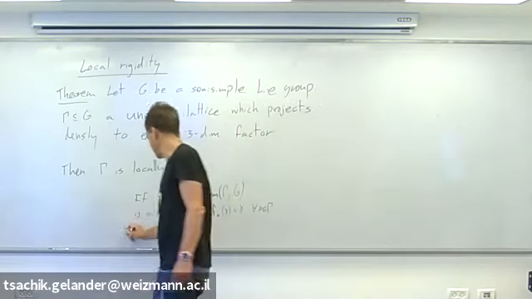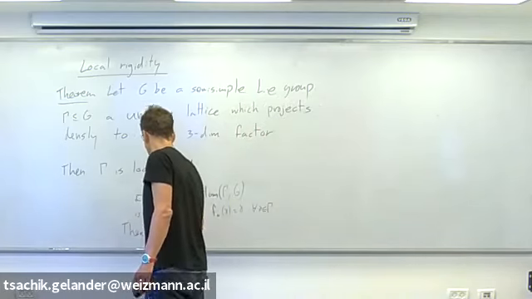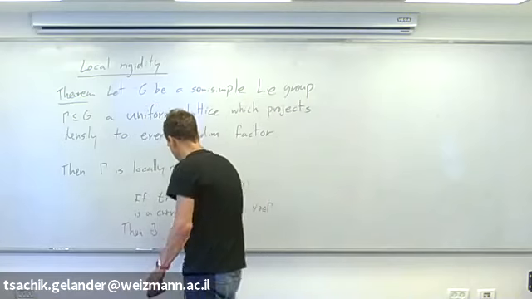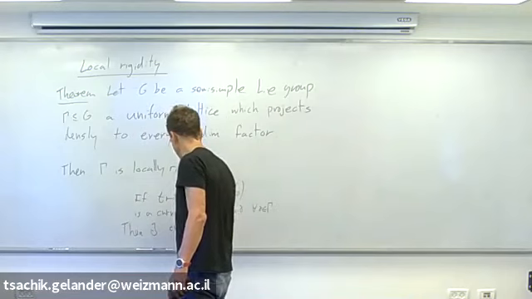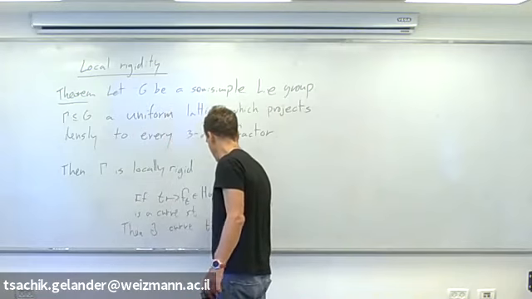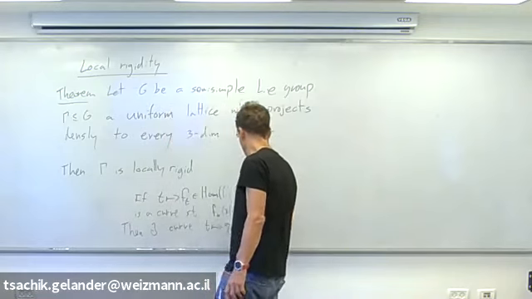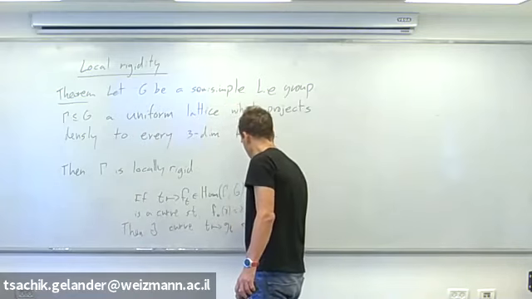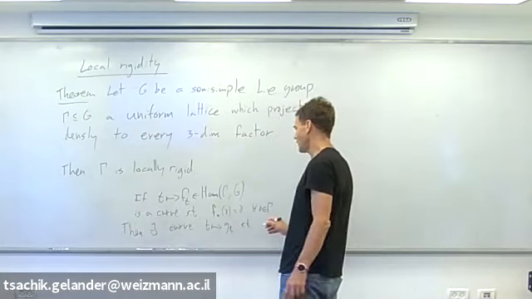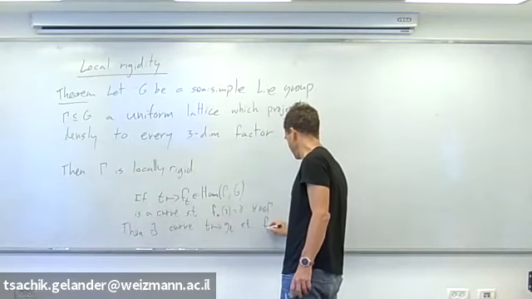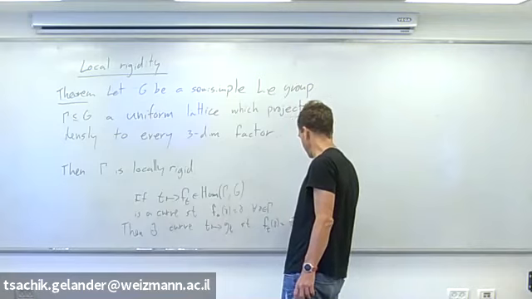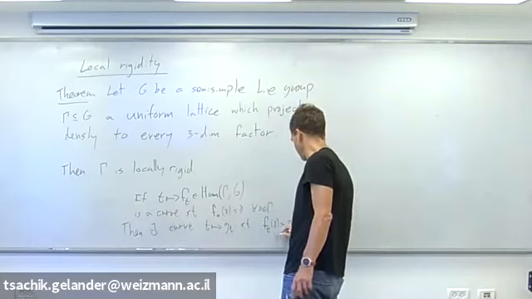Then there is a map, there is g_t. There is not a curve, t goes to g_t, such that F_t of gamma equals g_t gamma g_t inverse for every gamma.